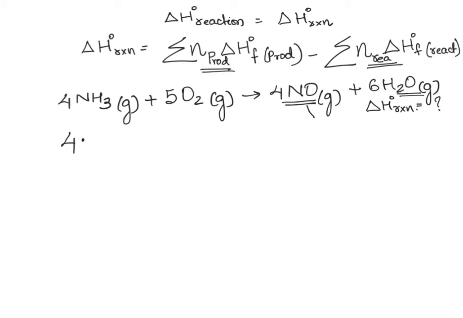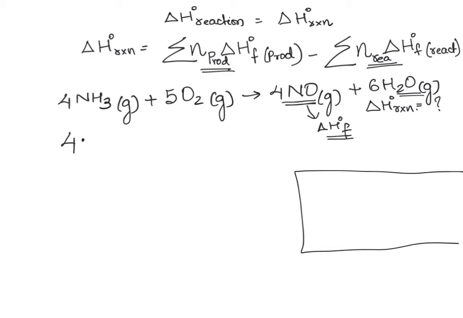the standard delta H of formation for nitrogen monoxide, and this will be provided to you in a table. So if I make that table here for you, for ammonia gas, it is negative 45.9.